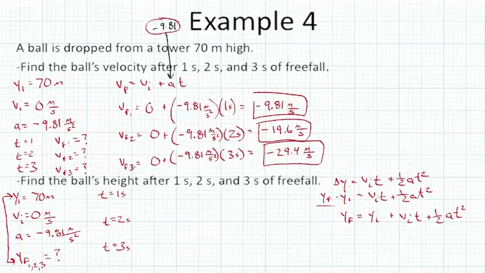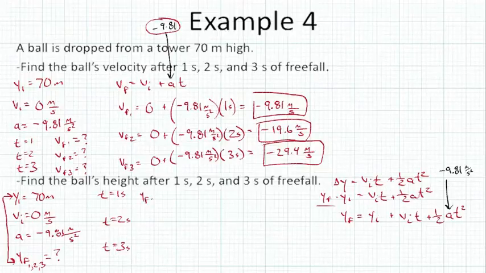Now again, since I wrote it like this, that acceleration is going to be negative 9.81 meters per second squared. So make sure, if you don't put the negative out front, you put the negative when you substitute in for the A. But now let's use this to plug in our values, and we can solve now for our final position after 1, 2, and 3 seconds.